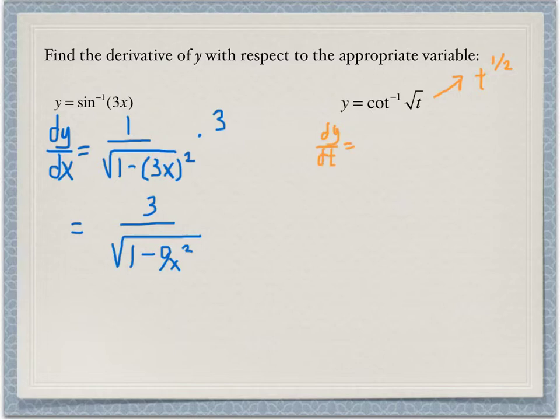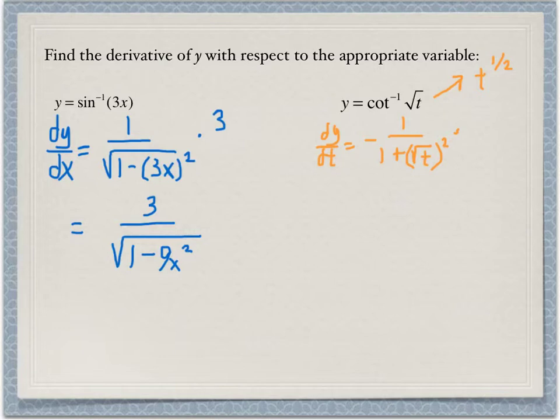And just applying that formula that we saw there, notice that there is a negative sign. It's going to be 1 over 1 plus whatever this thing is squared. Now I think in this case it's good just to keep it as the square root of t squared, and then don't forget we have to multiply by the derivative. Now, what is the derivative of the square root of t?